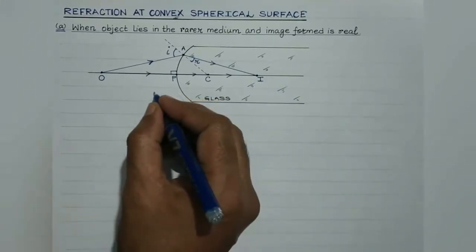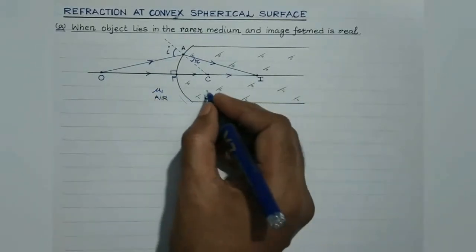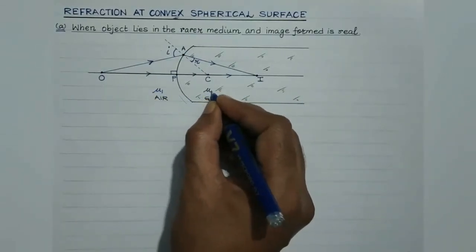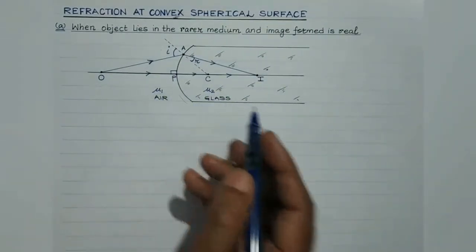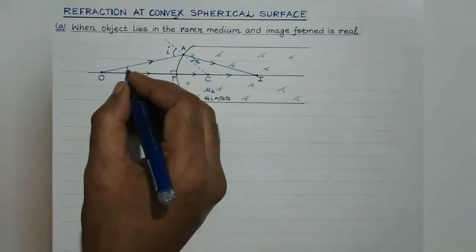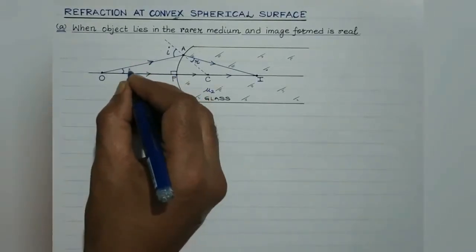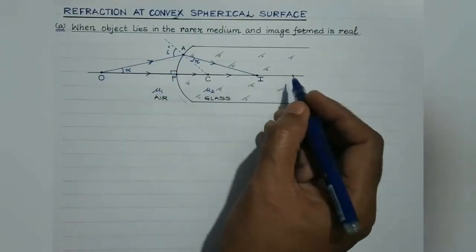Suppose, students, the refractive index of the rarer medium be mu1 and the refractive index of the glass be mu2. These are the absolute refractive indexes of the rarer and the denser medium respectively, right? And also, let us assume this to be angle alpha. It is the angle which the incident ray makes with the principal axis.